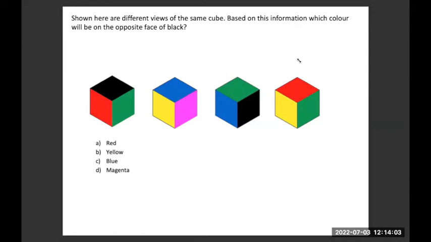Yes, Ananya, you're correct. Tanisha, Harini, your answers are correct. Parva, please check your answer. Neil, your answer is correct.